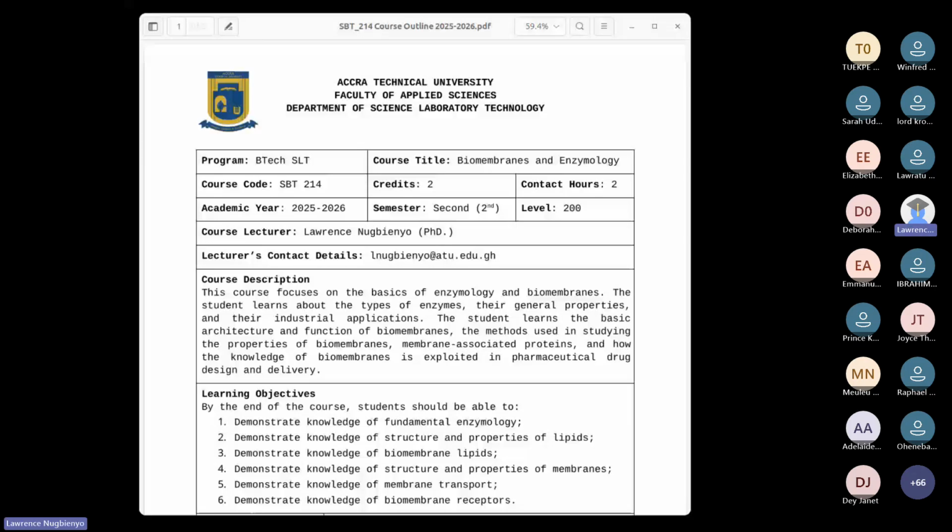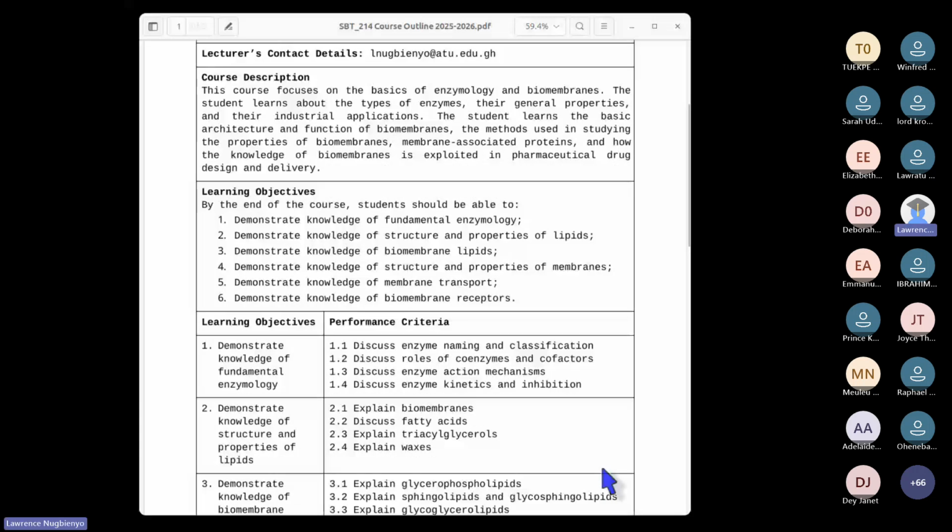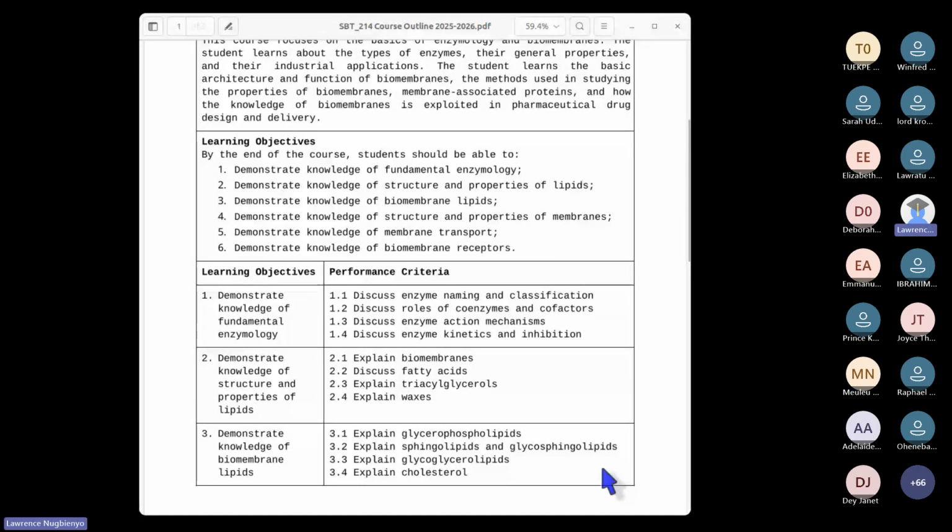So as I was saying, the course is divided into two major parts, biomembranes and enzymology. What we'll do is take a look at the naming and classification of enzymes from the beginning.